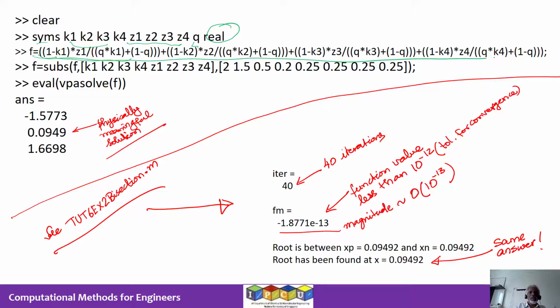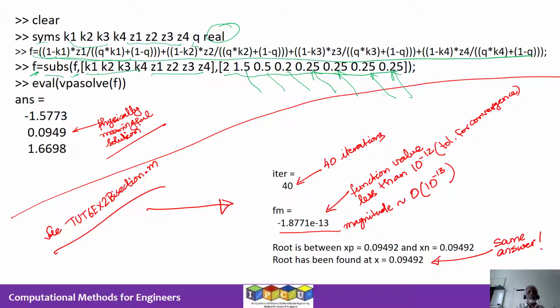That's important. Once you write out the symbolic expression for F, I'm going to substitute the symbols K1, K2, K3, K4, Z1, Z2, Z3, Z4 in the expression F by numerical values. So K1 is equal to 2, K2 is equal to 1.5, K3 is 0.5, K4 is 0.2, Z1 is 0.25, Z2 is 0.25, Z3 is 0.25, Z4 is 0.25.